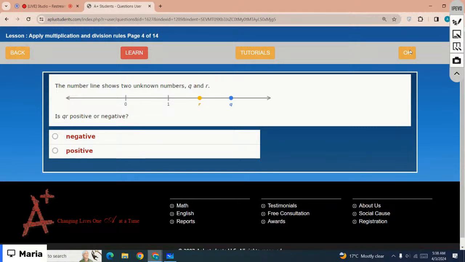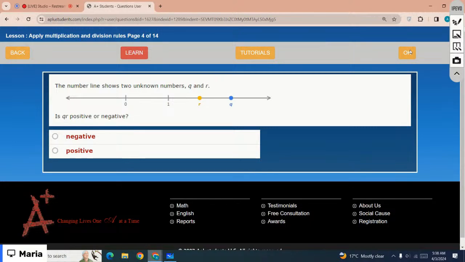The number line shows two unknown numbers q and r. Is qr positive or negative? Which is the correct option? Yes, both q and r are positive, right?